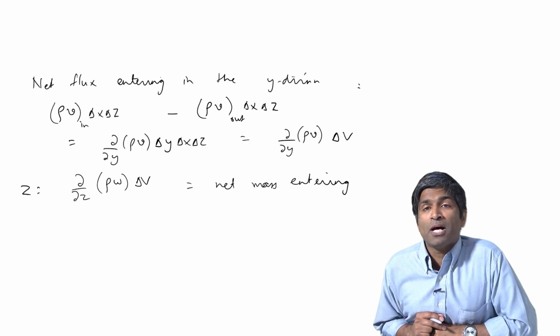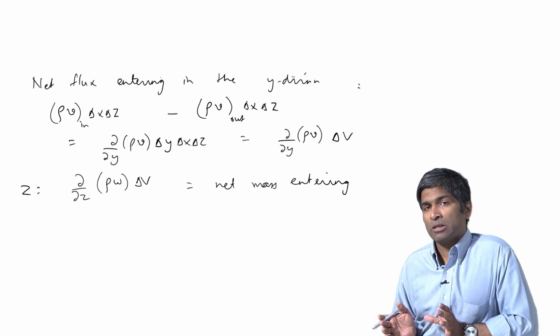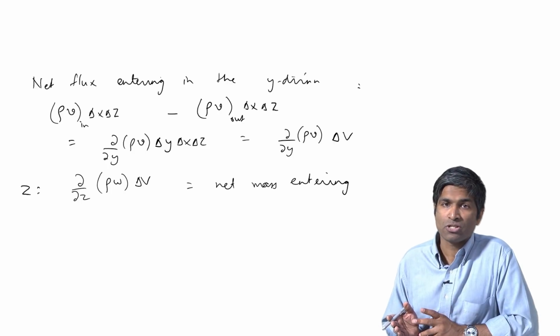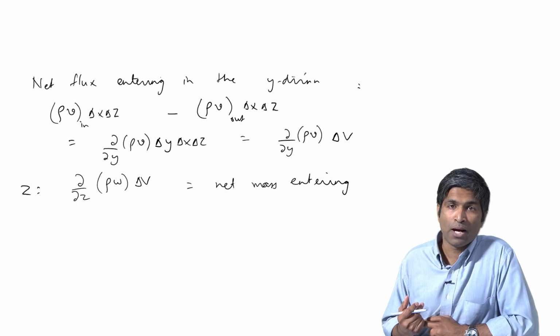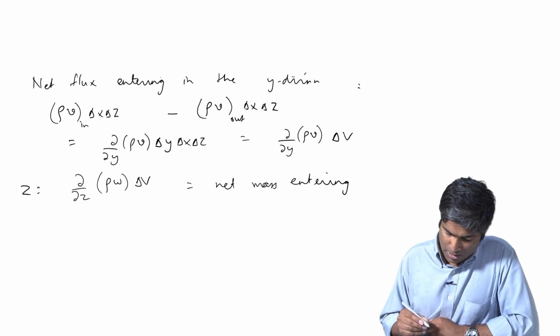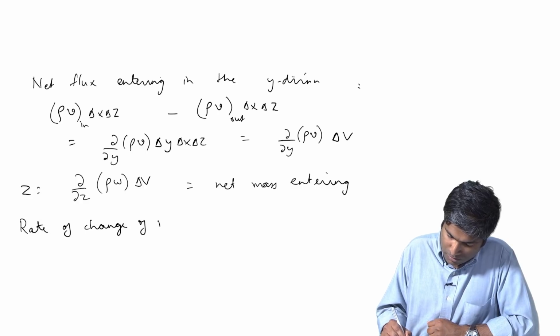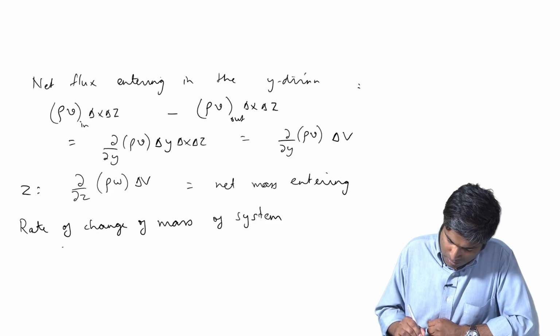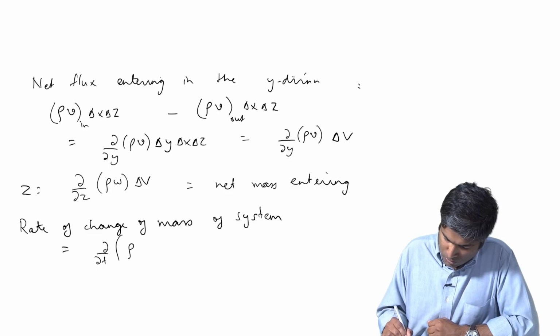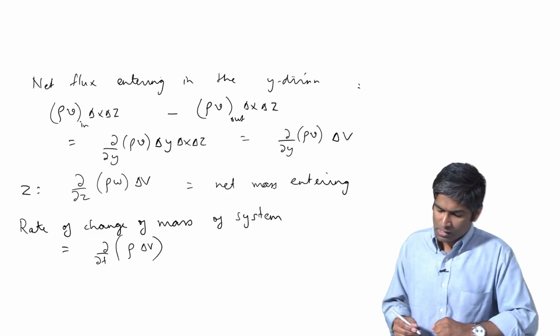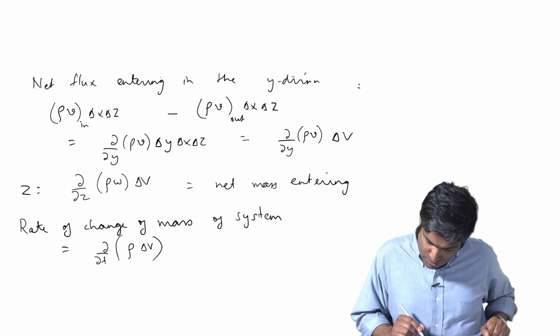So now if I want to perform a mass balance, I need to essentially say that whatever mass is entering through these phases is equal to the rate of change of mass of the system. And the rate of change of mass of the system is just del m by del t. So rate of change of mass is del by del t of rho delta V, and that should be equal to the sum of these fluxes.